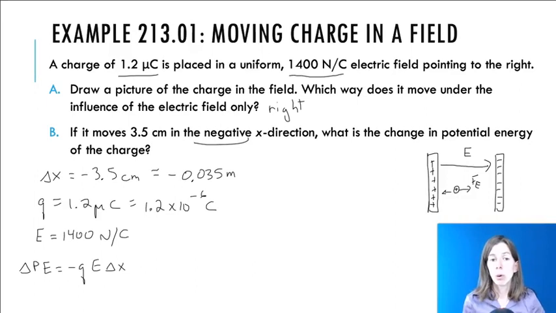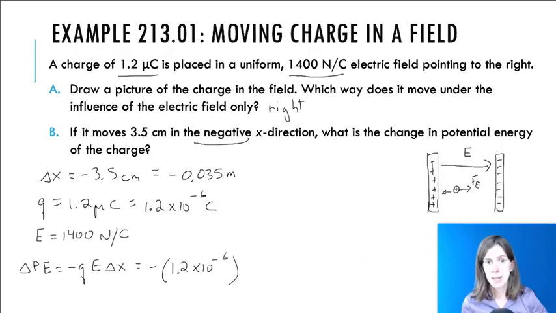So before we plug in these numbers, maybe you already have, but if you haven't, think about it. Is your answer going to be positive or negative? Let's take a look. We have negative times 1.2 times 10 to negative 6 times 1400 times negative 0.035.